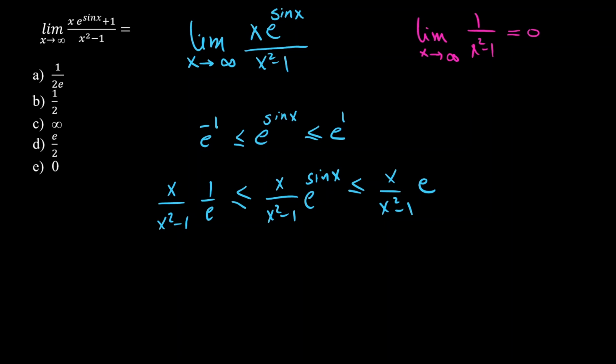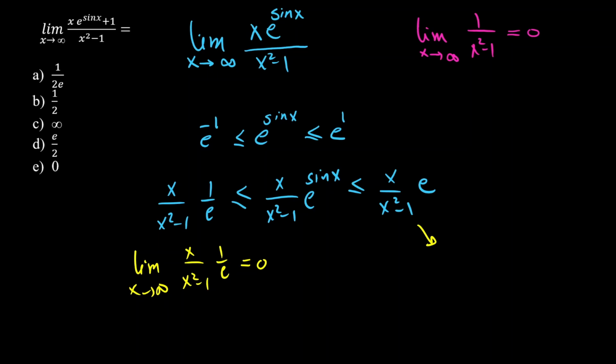What I will do now is take the limit of the extreme left-hand side. So this is the limit of x divided by x squared minus 1 multiplied by 1 over e as x goes to infinity, and obviously this is going to be 0, right? 1 over e can be taken out, and the limit of x over x squared minus 1 is obviously 0.